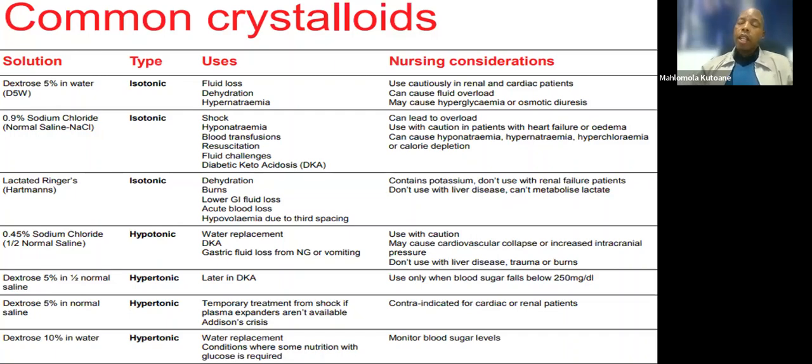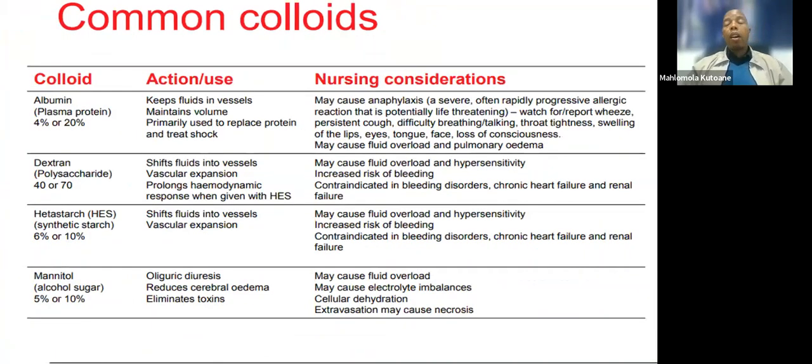The colloids that we have in common use, even though we may still have other colloids that are not mentioned here, similar with the crystalloids. We have albumin, which is a plasma protein at 4% or 20%, and it keeps fluids in the vessels, maintains volume, and is primarily used to replace protein and in treatment of shock.